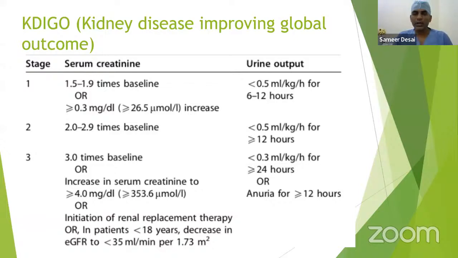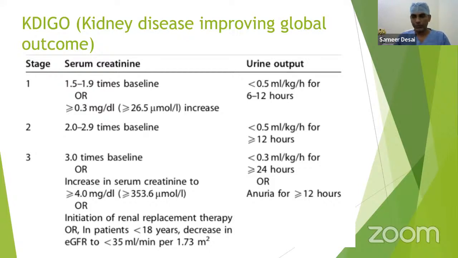So there are about 3 to 4 components in your definitions, that is staging. One is the absolute value of creatinine, which has increased. Second, if you have a baseline, then how many times it has increased. And per se, creatinine alone is not enough.